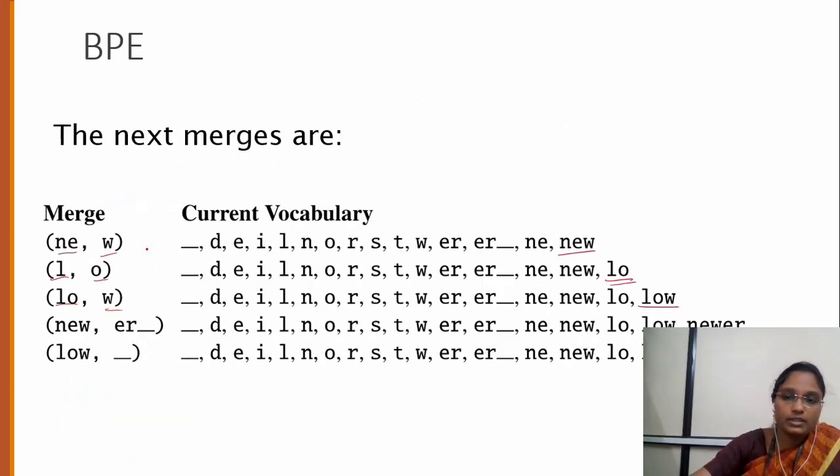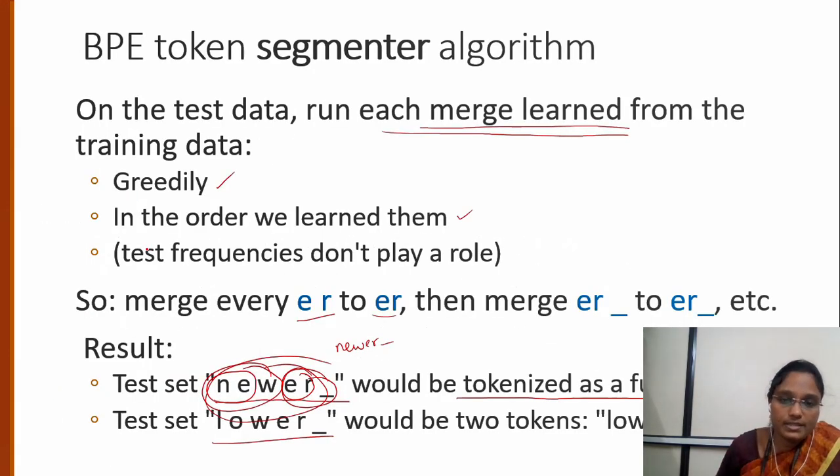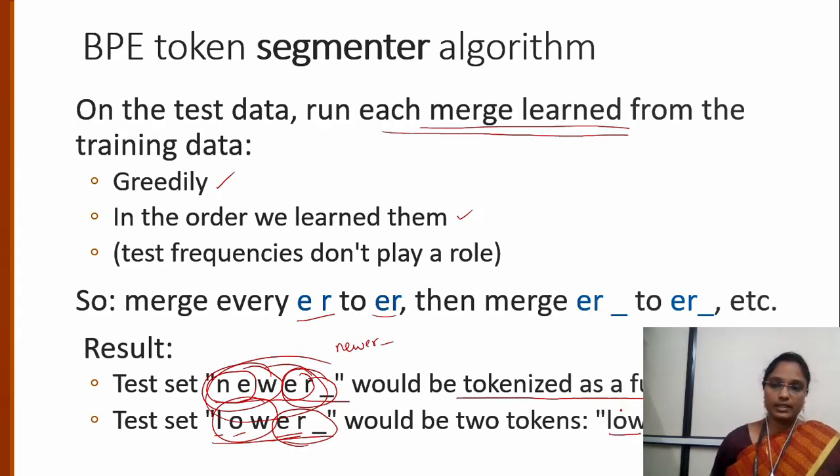So what happens is, it will first merge ER together, then ER underscore together, and then it will add LO together, then LOW together, and low. So low and ER together as two different tokens it will identify.